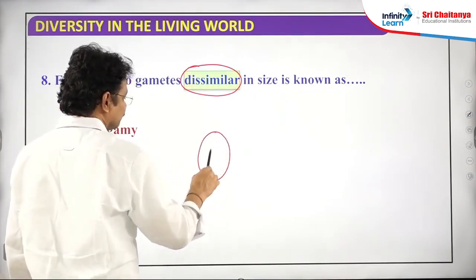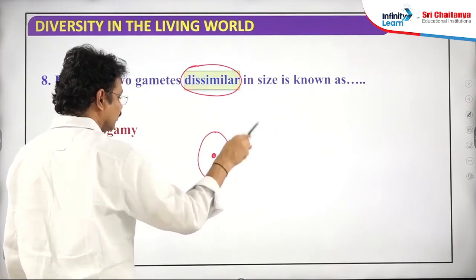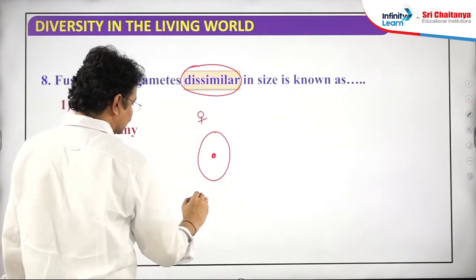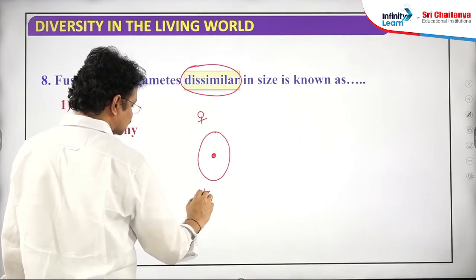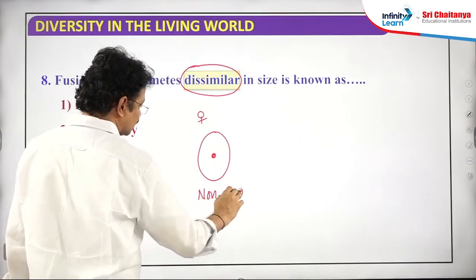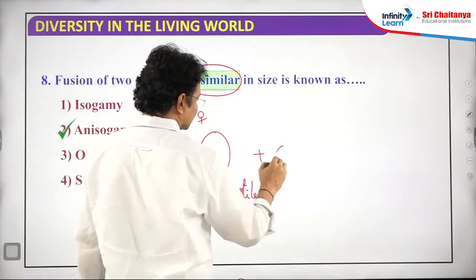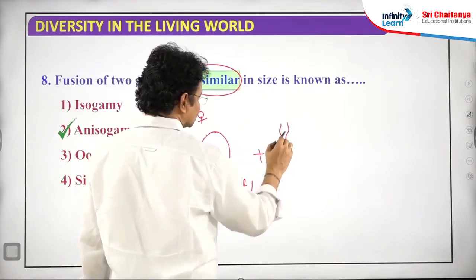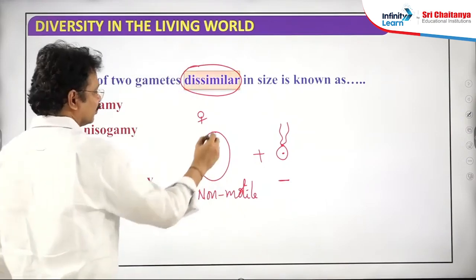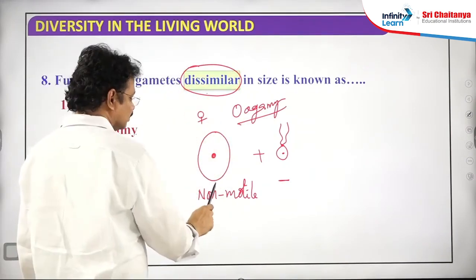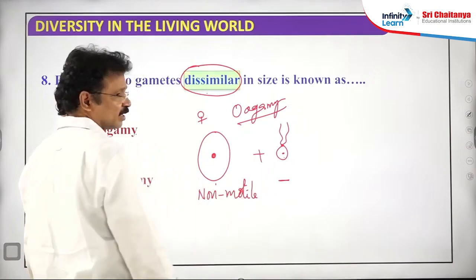In oogamy, the female gamete is always non-motile, stationary, whereas the male gamete is mostly motile, sometimes non-motile. In case of anisogamy, one should be non-motile and the other motile.